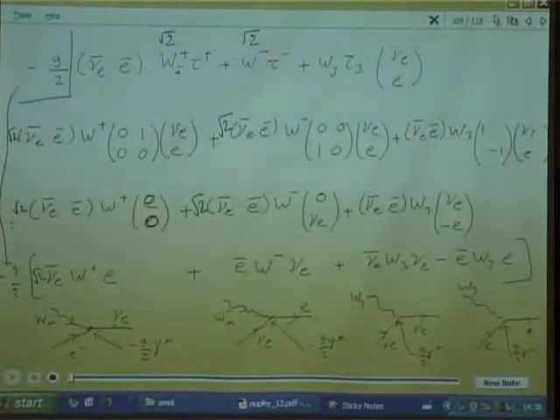Which means that if I write this vertex, which is the vector neutrino W, I get a g by root 2, and with the standard normalization, this is also g by root 2, and this is g by 2. So this is when the time came to connect the vertices of W plus, W minus and W3. This is the standard normalization: we have g by root 2 here, g by root 2 here, and g by 2.